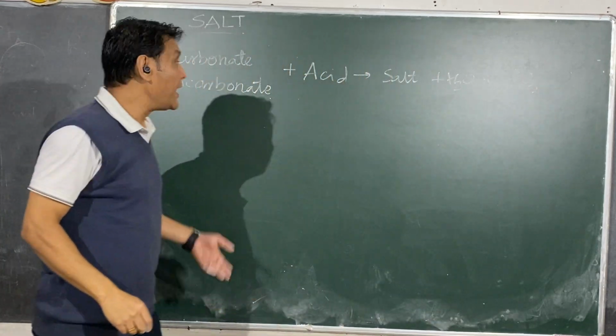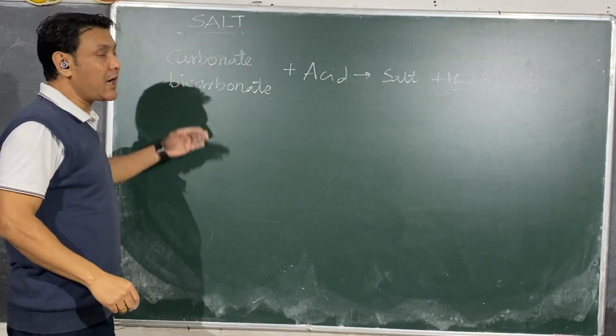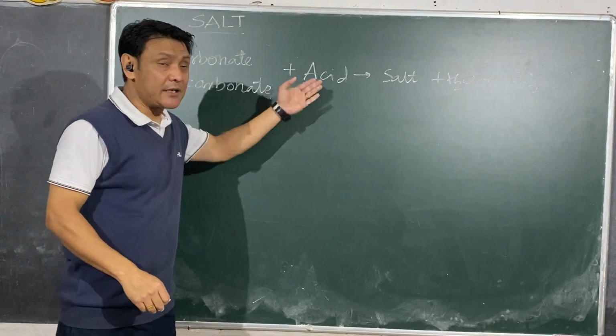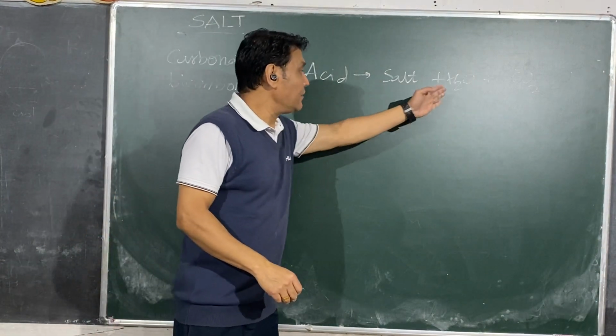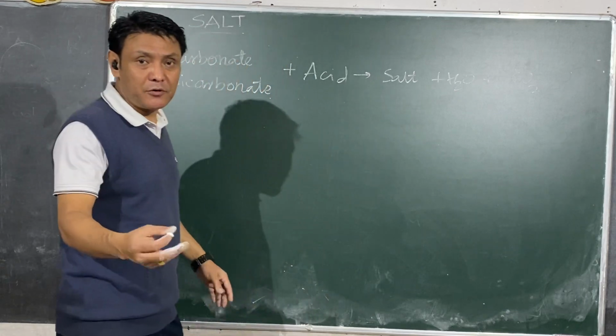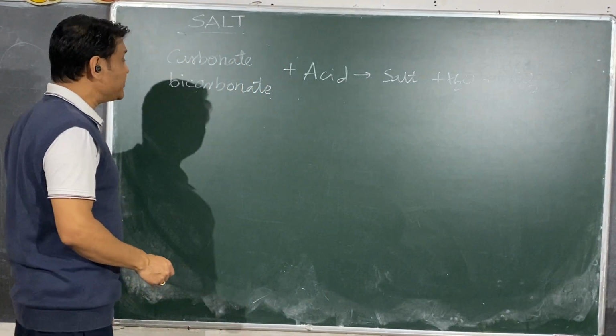This is a general equation. Any carbonate or any bicarbonate reacts with an acid to form salt, water and carbon dioxide. You have to remember this general equation.